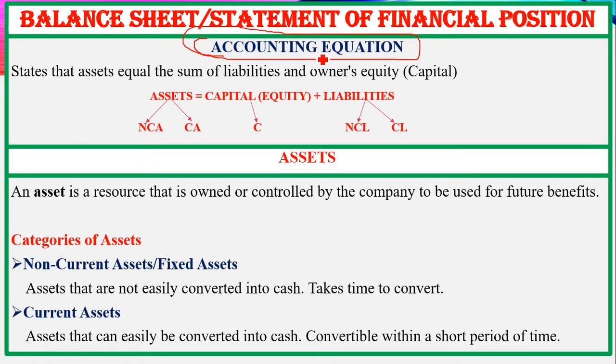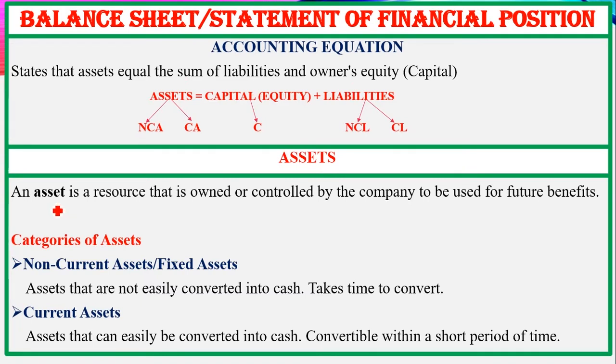The accounting equation, or what we call the bookkeeping equation, states that at any given point, the assets of an organization will equal the sum of liabilities and the owner's equity, or what we call capital. In other words, assets equals capital added to liabilities.